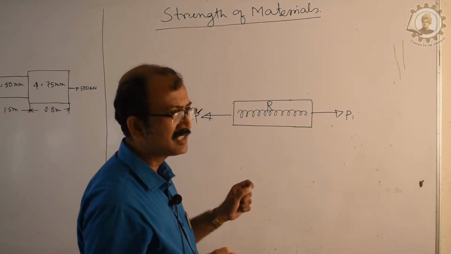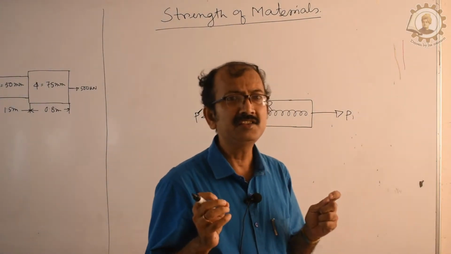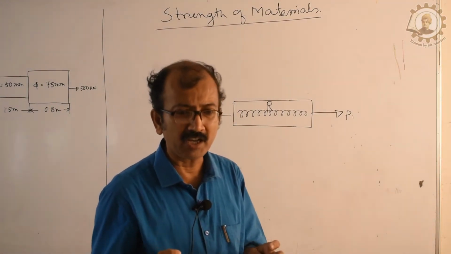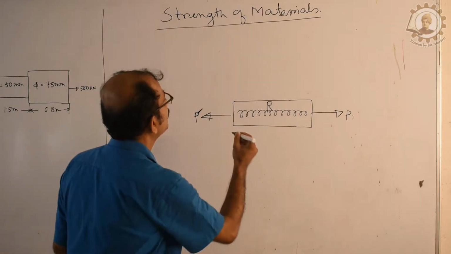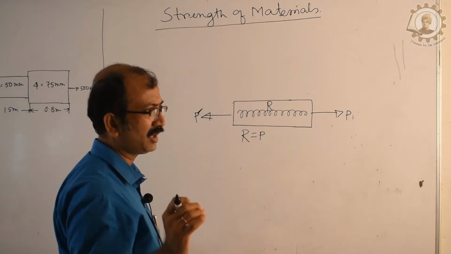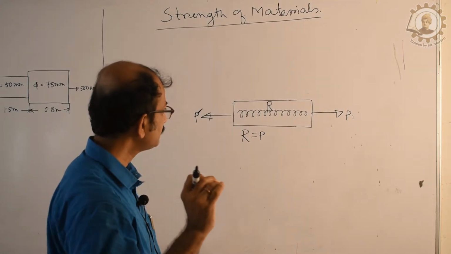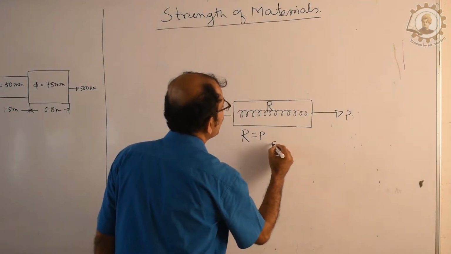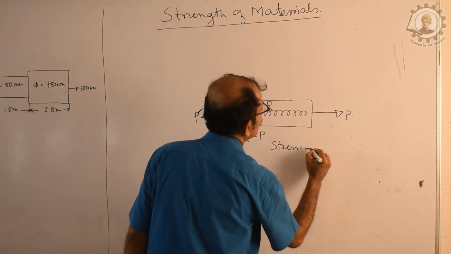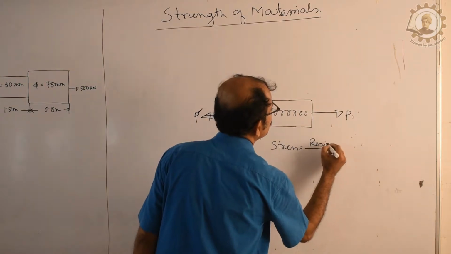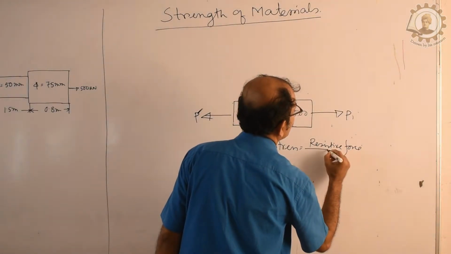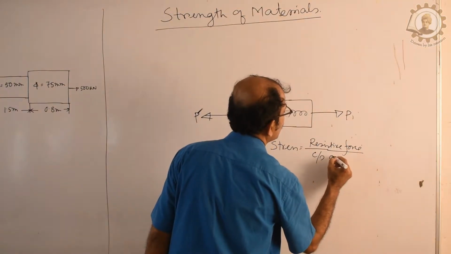Now stress is nothing but the resistive force per area, that means it is the internal phenomenon of the material. So R equals P at a particular point. So stress you can write, that is resistive force per cross sectional area.